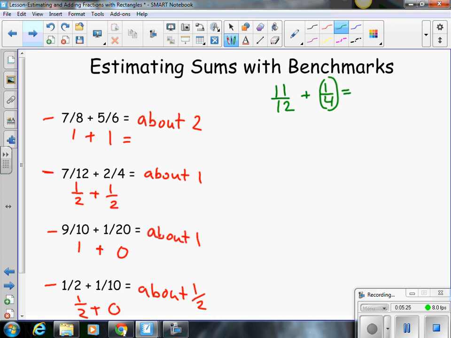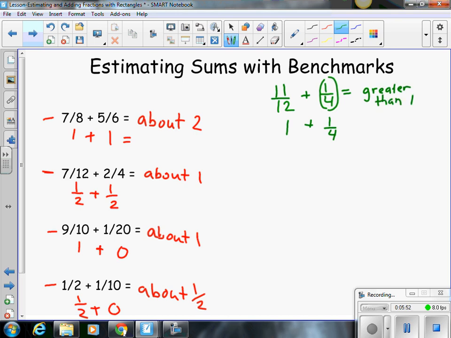But when we're adding, we can look at it and say that 11/12 is really close to 1. And then we just know that it's going to be greater than 1. So that can be our answer for that. Greater than 1.